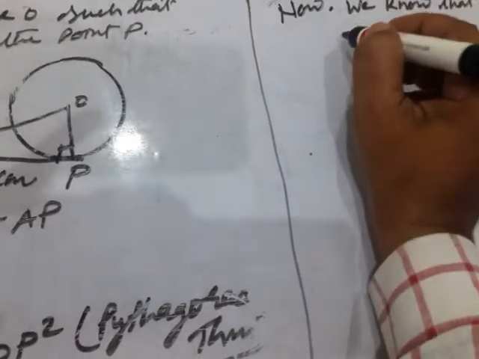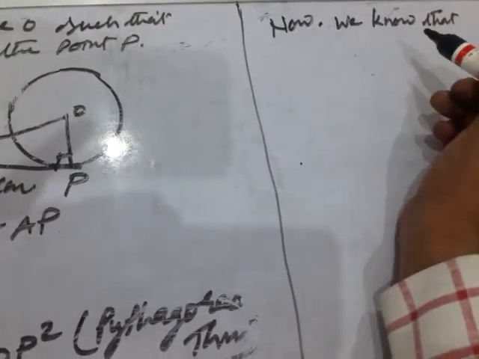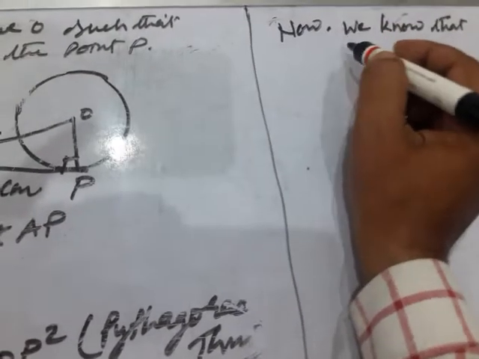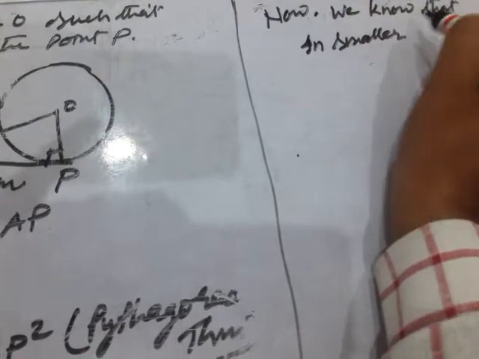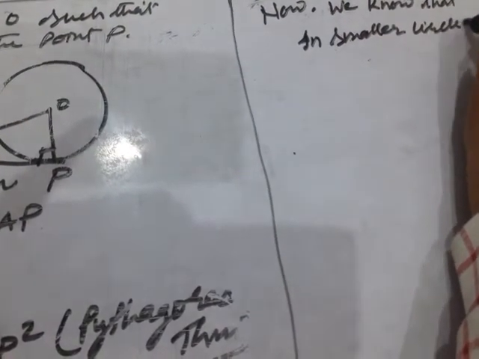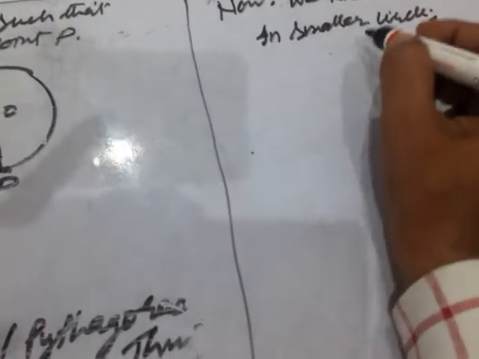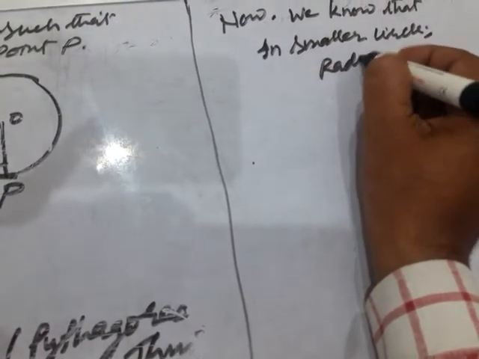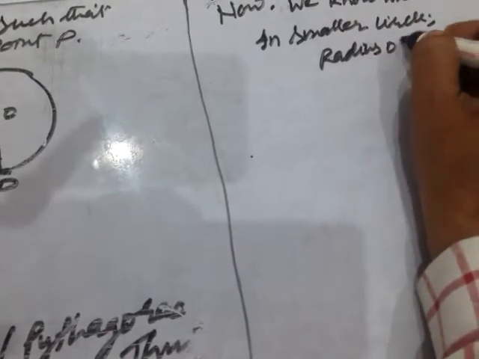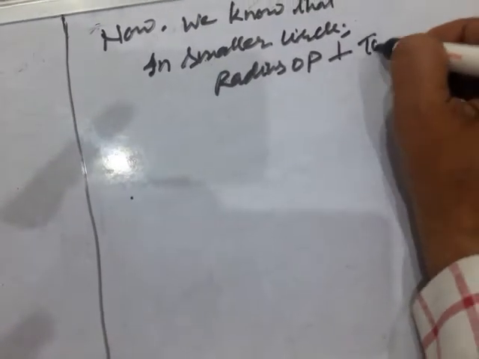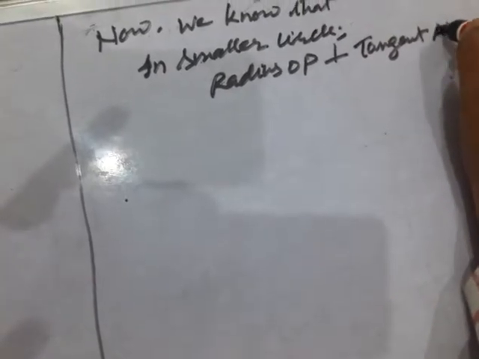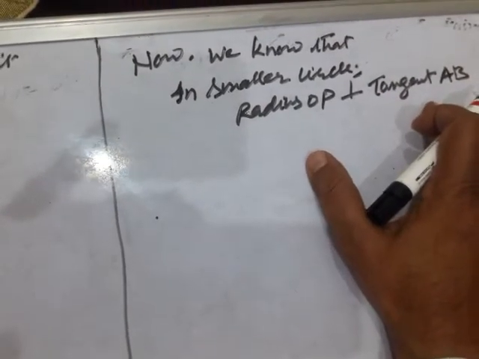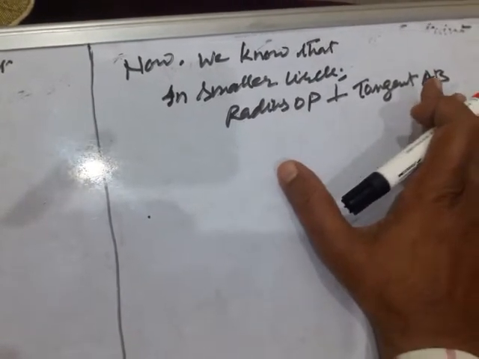Here we know that in the smaller circle, radius OP is perpendicular to the tangent AB. Okay children, that is theorem 10.1. The tangent at any point of a circle is perpendicular to the radius through the point of contact.